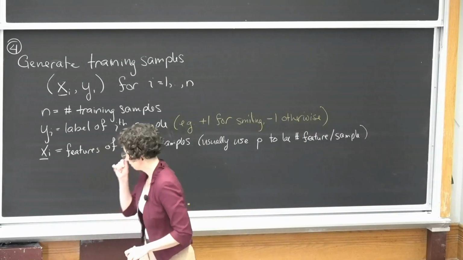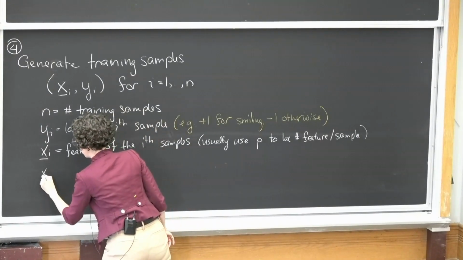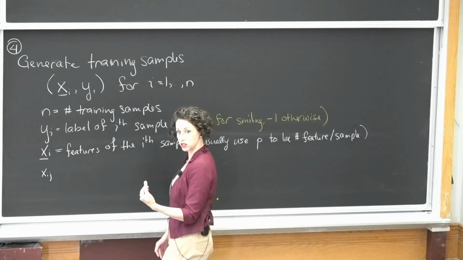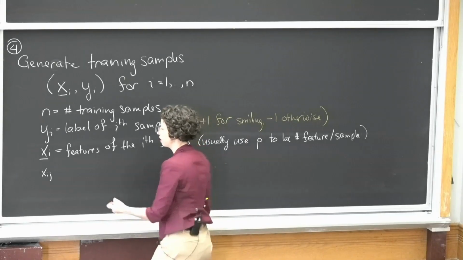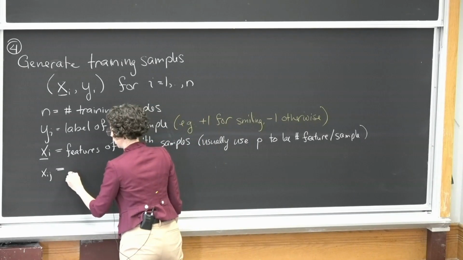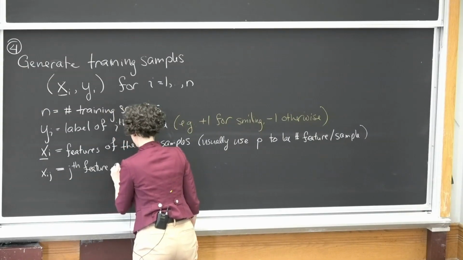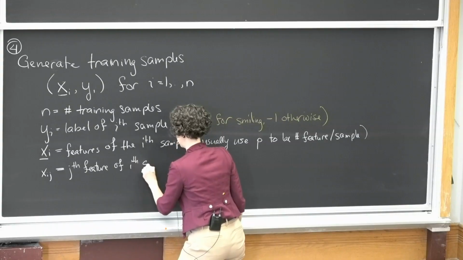Okay, and then a little bit more specifically, if I wanted to talk about the jth feature, one specific feature in this entire vector, I would write that as xij. So this is the jth feature of the ith sample.